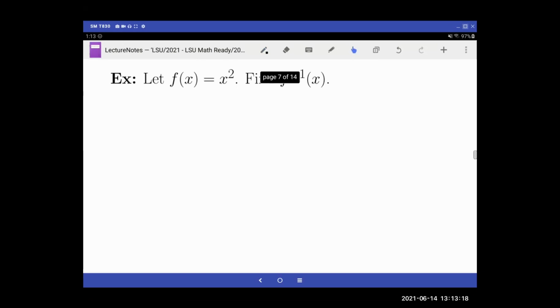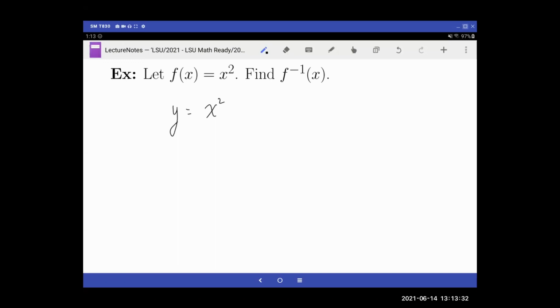Okay, let's go and try this one here. Here we have our base quadratic, x squared. To find its inverse, we're going to say, all right, y equals x squared. Then x equals y squared. To get y by itself, I'll use the square root property.